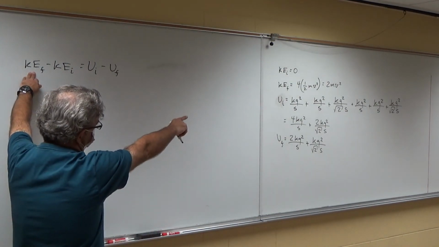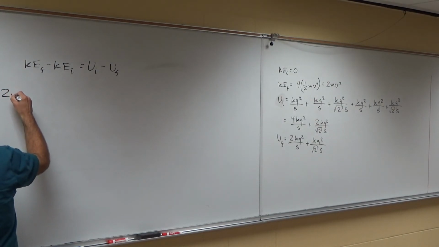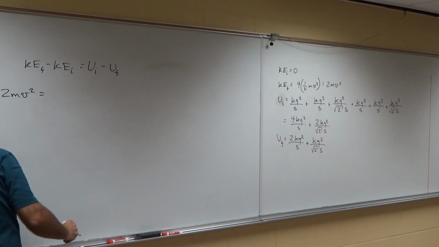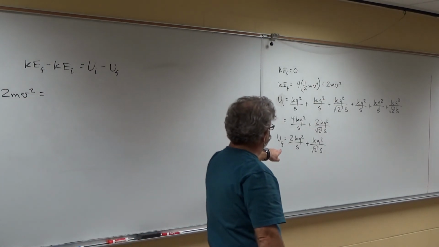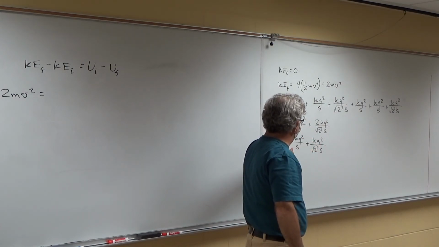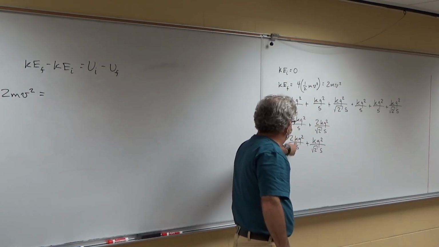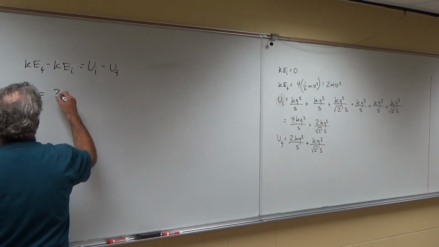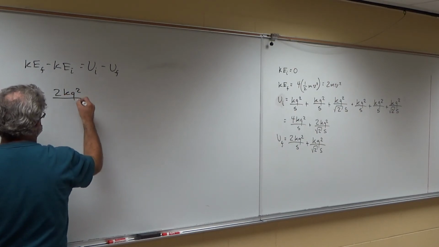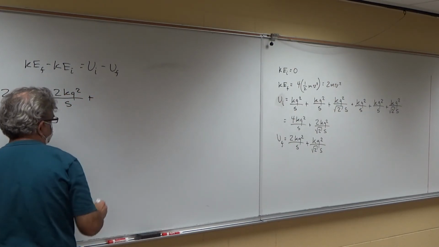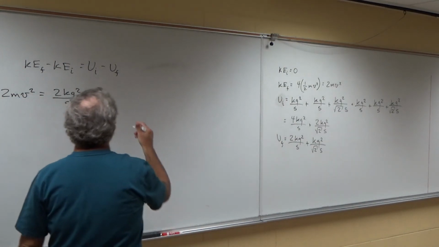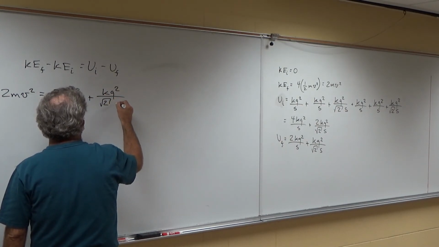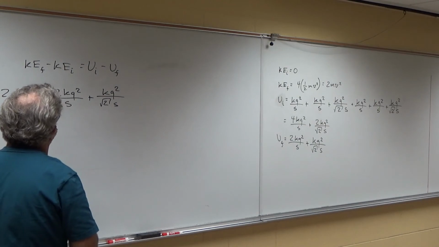KE final, 2mv squared. KE initial, 0. U initial is this thing. This is U final, so we need to subtract U final from U initial, and that gives you 2kq squared over s plus kq squared over square root of 2s. Okay.